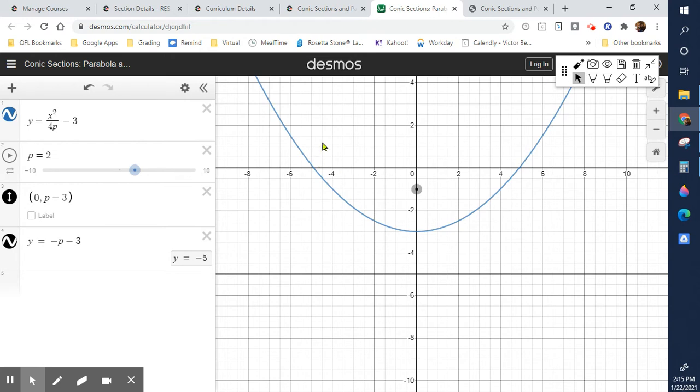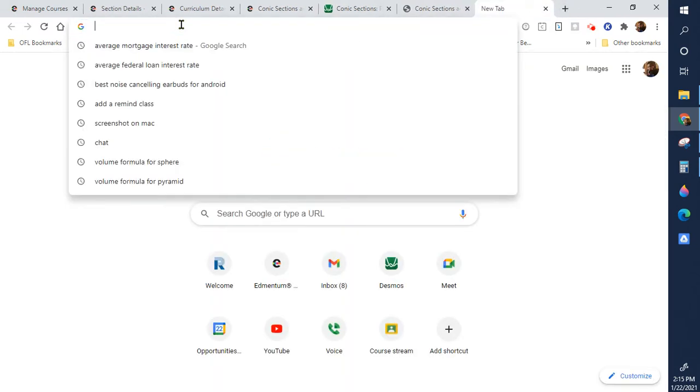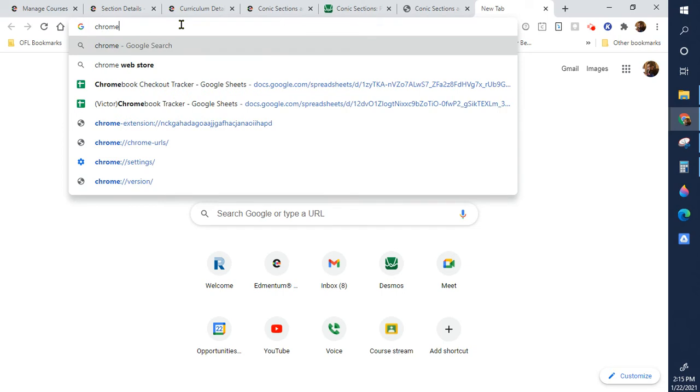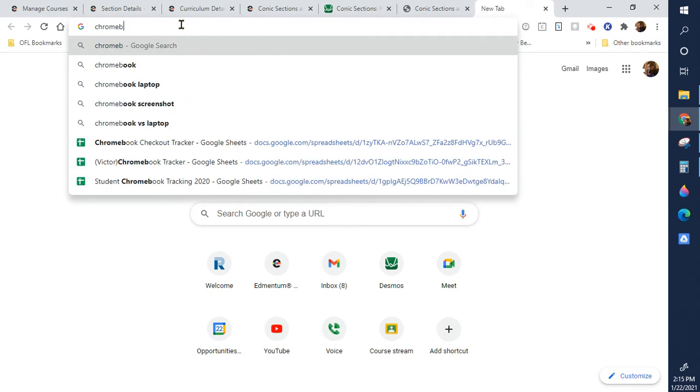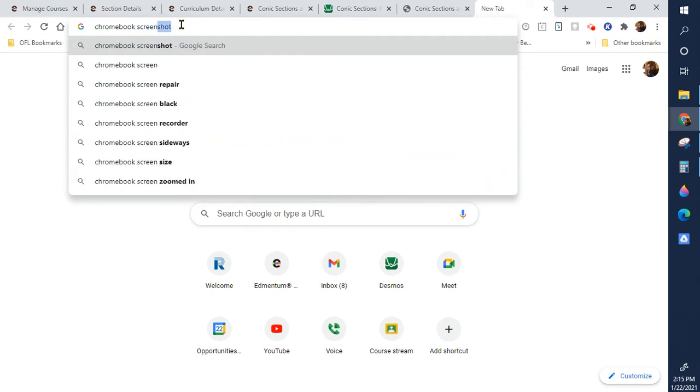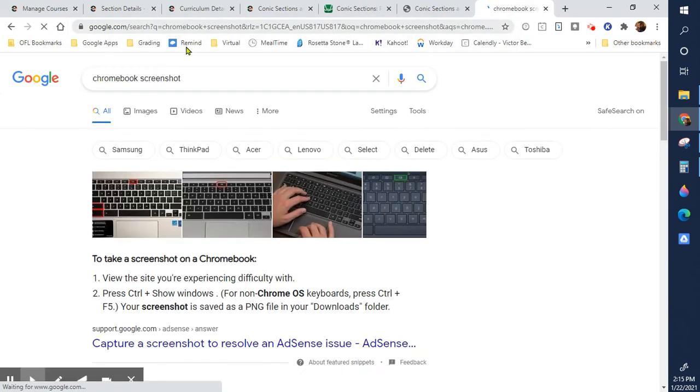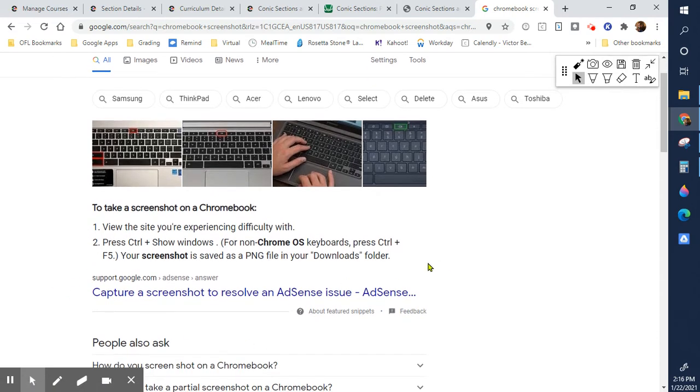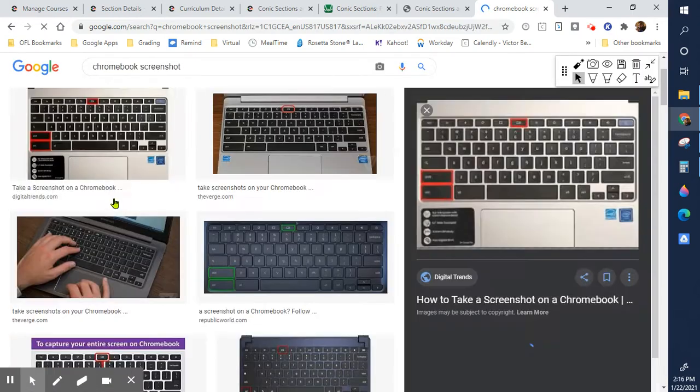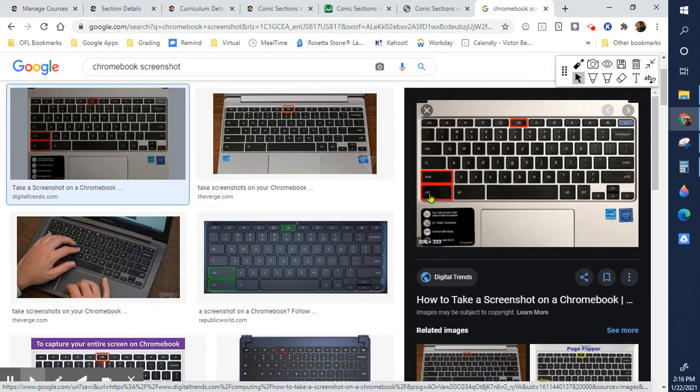And what we're going to do now is we're just going to take a screenshot of this. There's a few ways you can do that on a Chromebook. Let me show you how to do it on a Chromebook. If you're on a Chromebook, you have to press Control F5, or if you're on a different type of Chromebook, you might have to hit Control Shift and this little button right here.